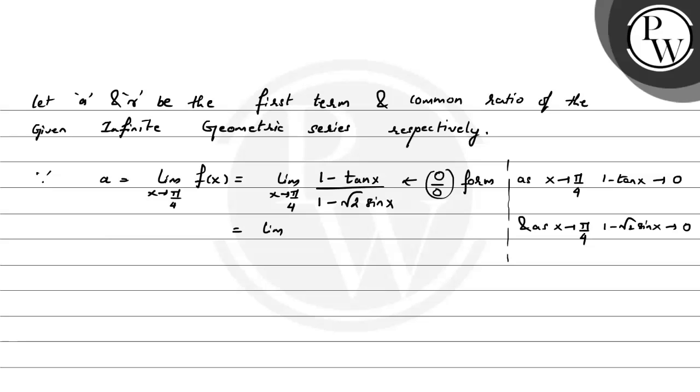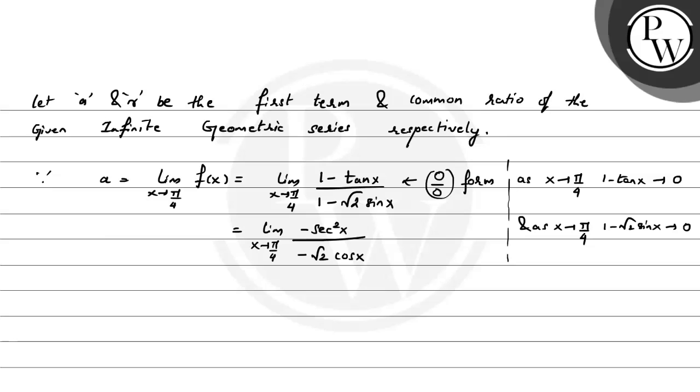So the limit then simplifies to limit x tends to pi by 4 of the derivative of the numerator, that is derivative of 1 is 0, minus derivative of tan x, that is secant square x, divided by derivative of 1 which is 0, minus root 2 times derivative of sin x, that is cos x.